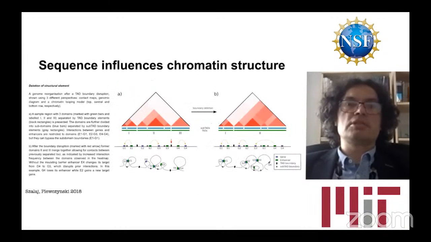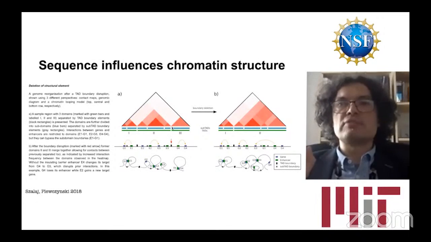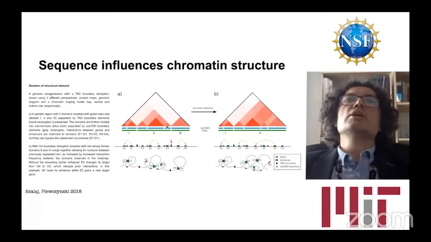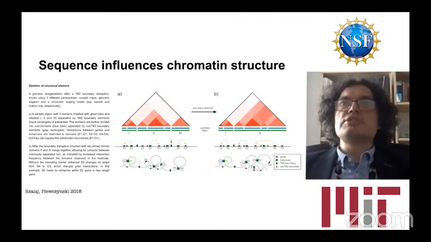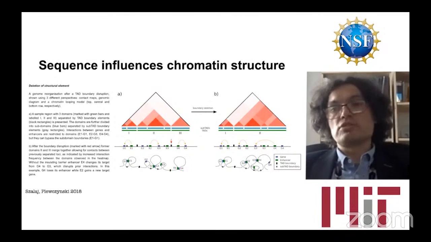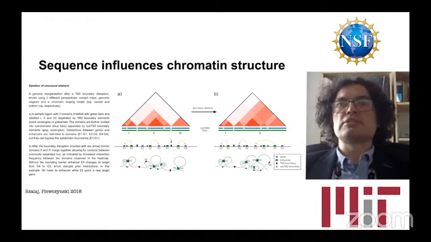And it was already proved that changes at the level of sequence, like deletion, for example, of the border between those two topologically associated domains, lead to a reconstruction of the three-dimensional structure of the chromatin. So you see here that a single deletion over here actually leads to the fusion of two independent domains, domain 3 and domain 2.